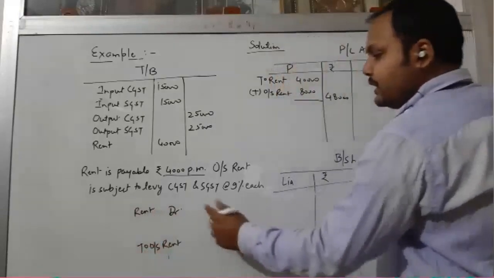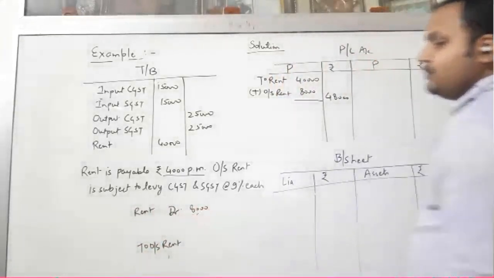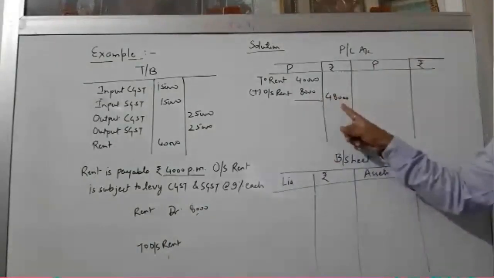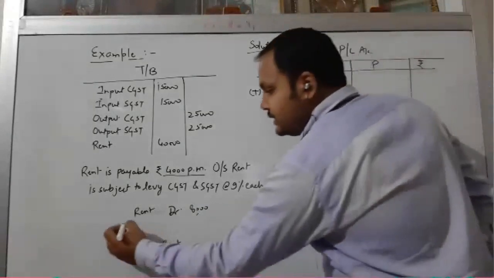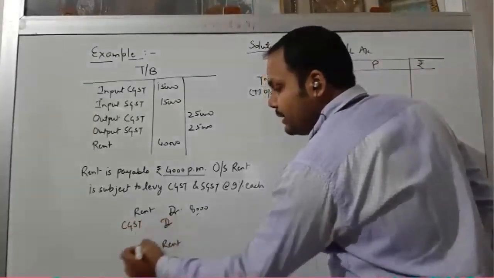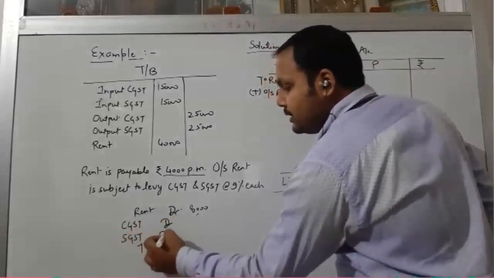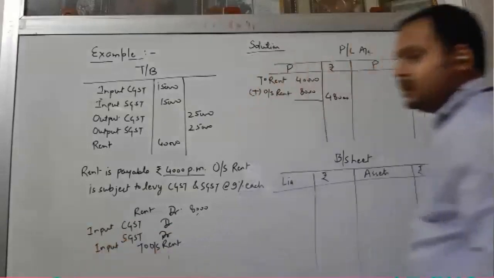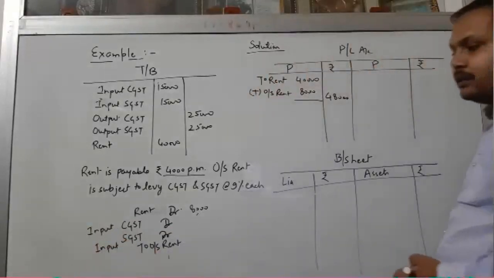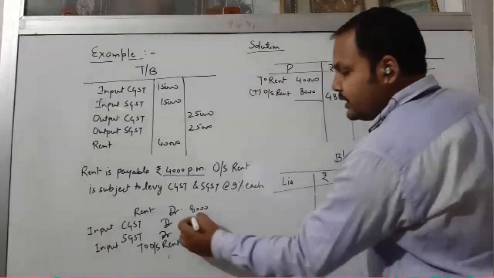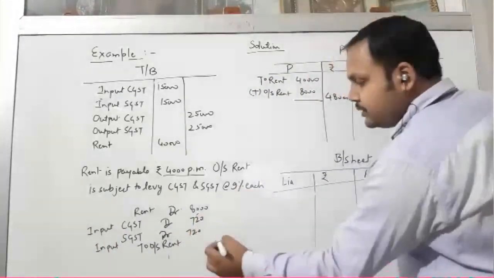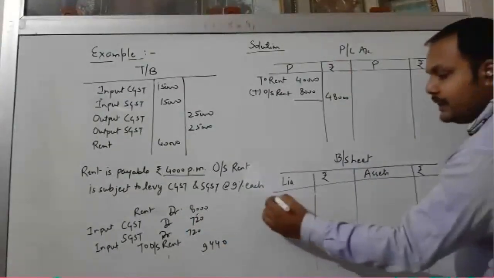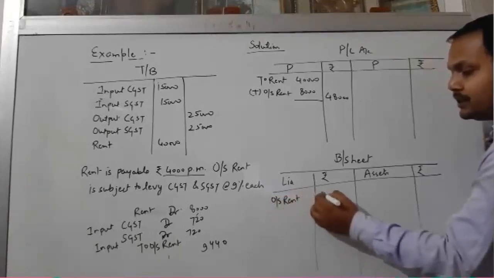So what is the amount of rent? 8,000, because the outstanding amount is 8,000, यानी पीएल अकाउंट में रेंट में कितना ऐड होगा? ओनली 8,000. एंड उस पे क्या लगने वाला है? सीजीएसटी एंड एसजीएसटी. क्योंकि जब आप रेंट पे करोगे तो सीजीएसटी एसजीएसटी आप पे करोगे, और जब भी आप जीएसटी पे करते हो तो उसके आगे कौन सा प्रीफिक्स यूज होता है? दैट इज इनपुट सीजीएसटी एंड इनपुट एसजीएसटी. एंड व्हाट इज द रेट? दैट इज 9%. दैट इज 720 and 720, and total value is 9,440. So your outstanding rent will be shown on the liability side of the balance sheet as 9,440.